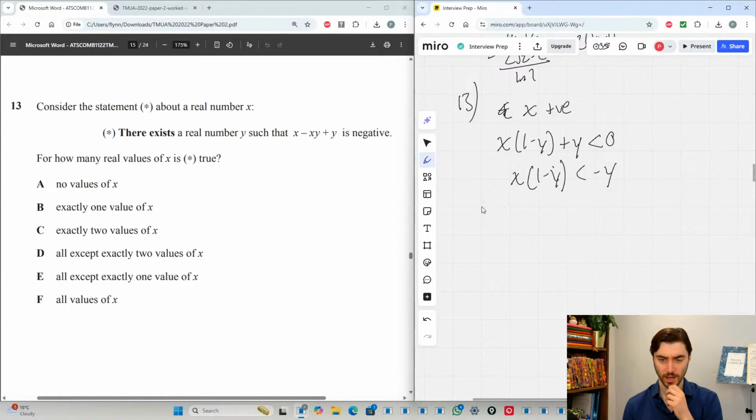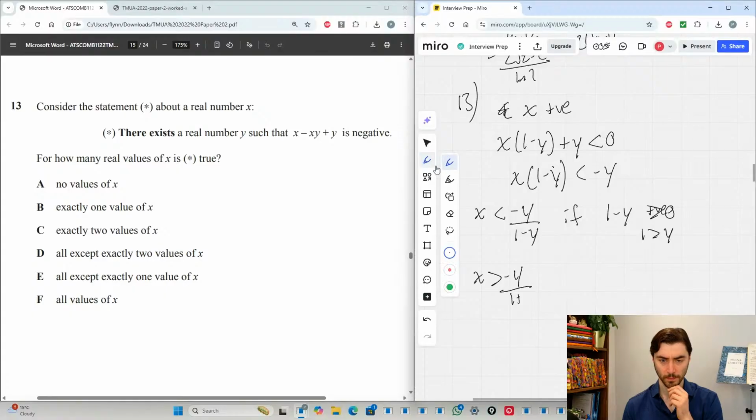We then have two cases. This is true if 1 minus y is positive, which means that 1 is bigger than y, and x is bigger than minus y over 1 minus y.